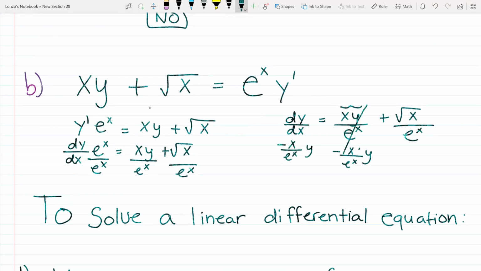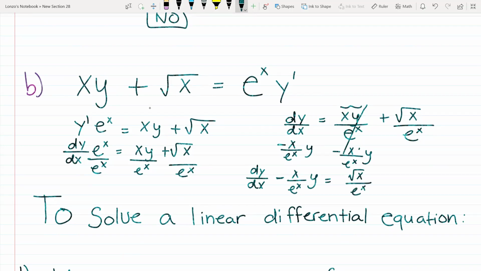This cancels, so you're left with dy dx minus x e to the minus x y, and then on the right, you're left with square root of x over e to the x.